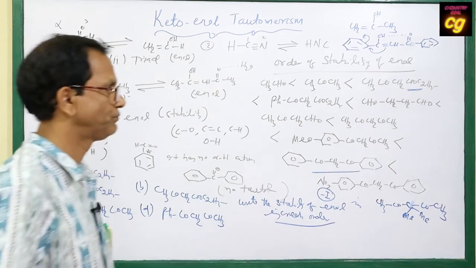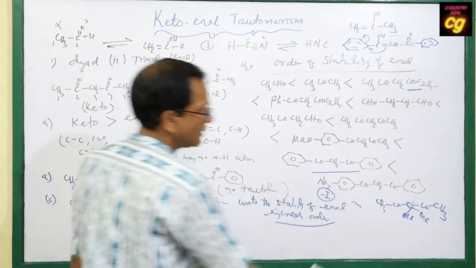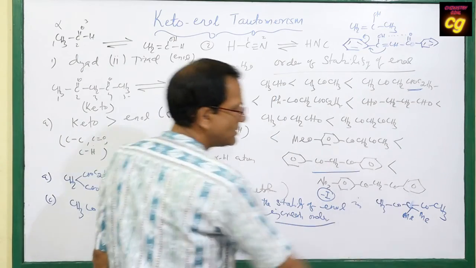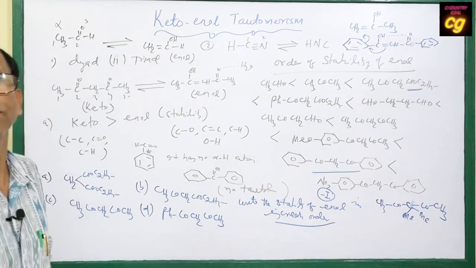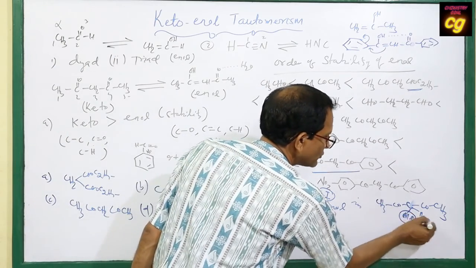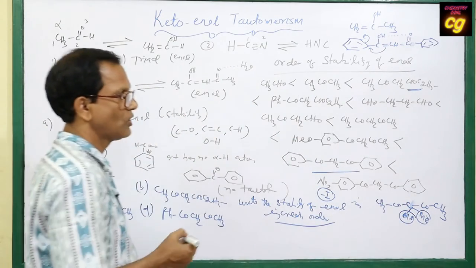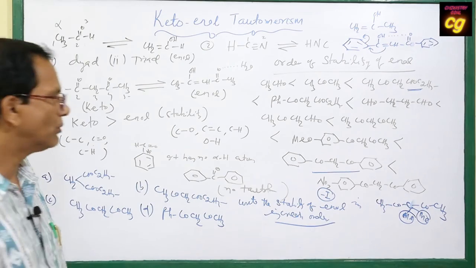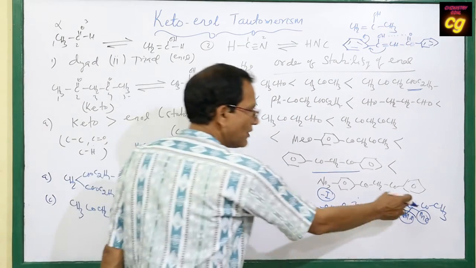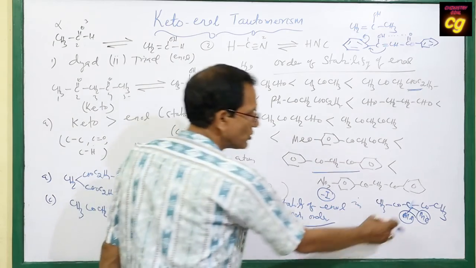When this is attached to two methyl groups, does the stability of the enol form increase or not? Here the stability decreases because the two methyl groups attached to the carbon deactivate the loss of hydrogen from the carbon due to the plus effect.